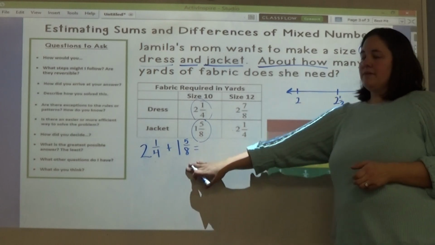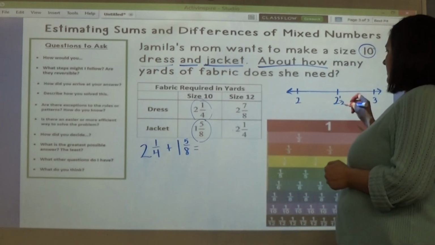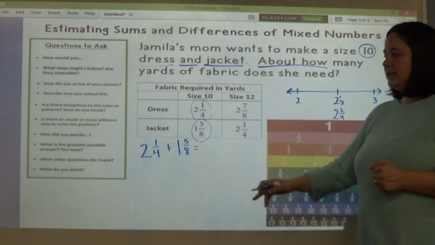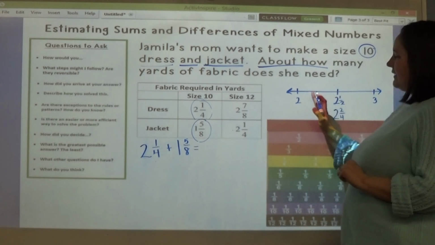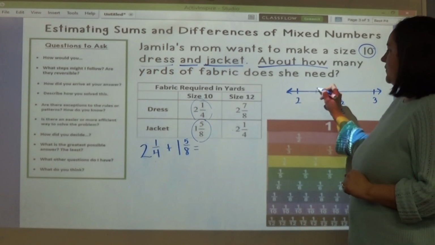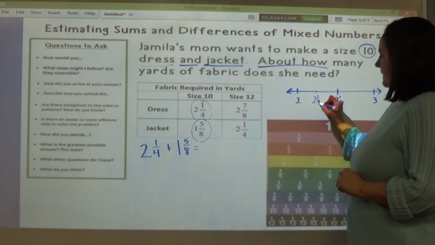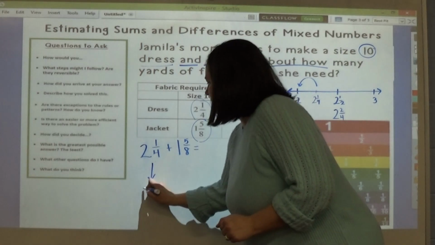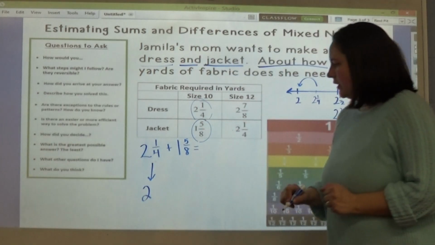If we're thinking of fourths, 2 2/4 is directly in between. We're looking at 2 1/4, so it's to the left of 2 2/4 on the number line, and so we'll round down to 2 yards. So 2 1/4 yards is about equal to 2 yards.